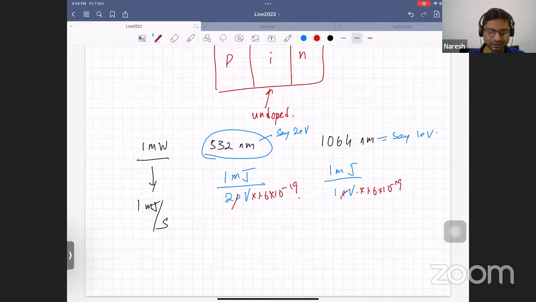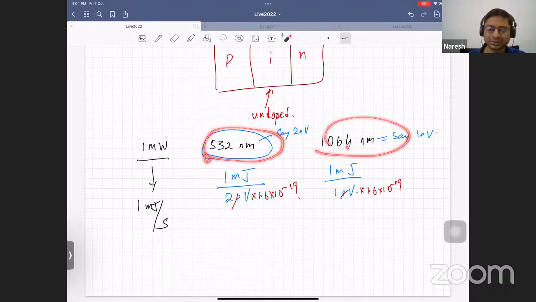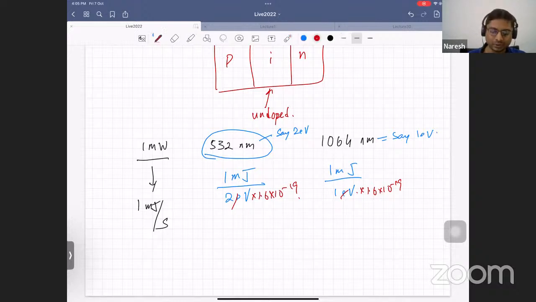I think Pawan means that in one case you have a lesser number of photons and in the other a larger number, because for the same power the photon energy is different. Finally, power is the number of photons per second, N, also called photon flux phi, into the energy, h nu.